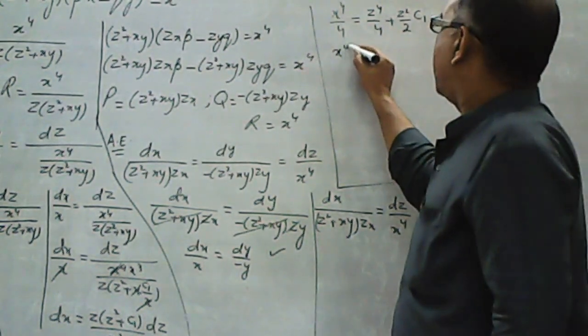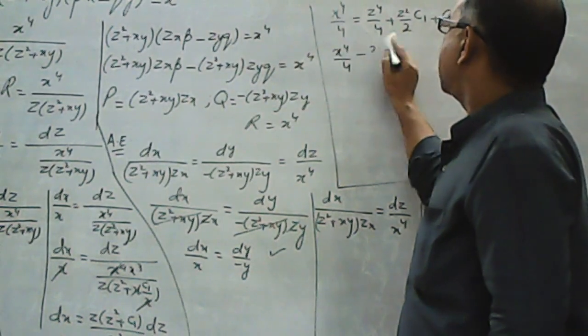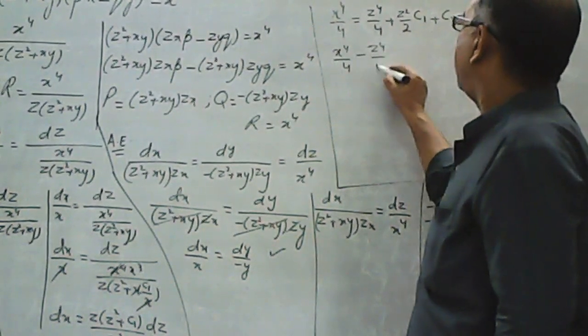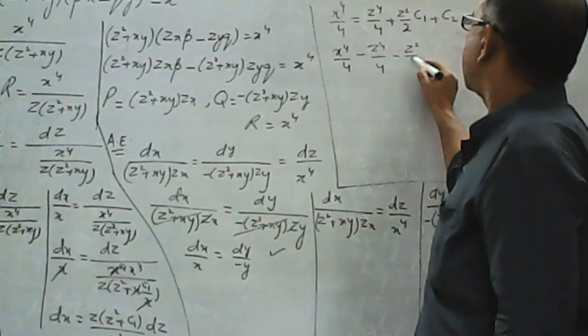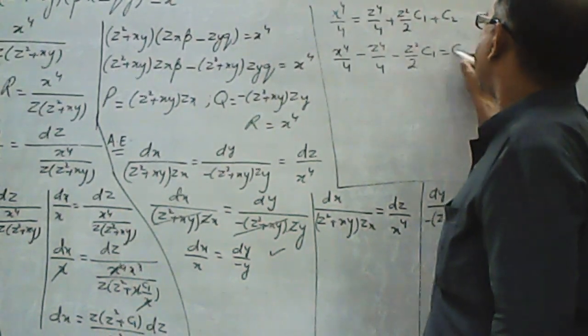Then x power 4 by 4 minus z power 4 by 4 minus z square by 2 c1 is equal to c2.